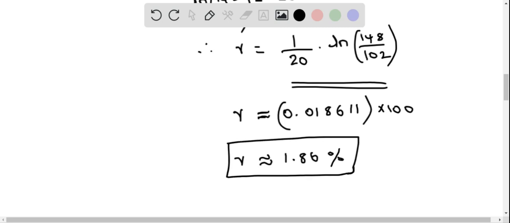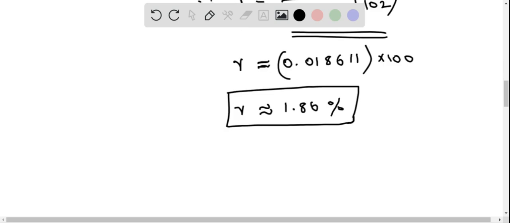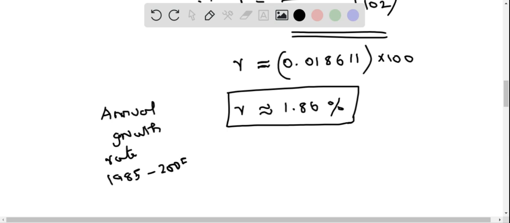So R basically represents the annual growth rate. So we have determined the annual growth rate from years 1985 to 2005, and this is approximately 1.86%.